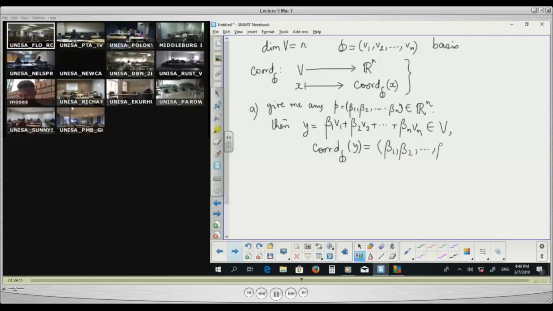Why unique such? If you told me that the coordinates of a vector z was beta 1, beta 2, beta n, what is the meaning of it? It means that z is equal to beta 1 v1 plus beta 2 v2, etc., plus beta n vn, which is exactly y. So what did I see now? I see if I take any point from the codomain, which is Rn, there exists one and only one member in the domain which is mapped to that point. Okay? So this one is a bijection.